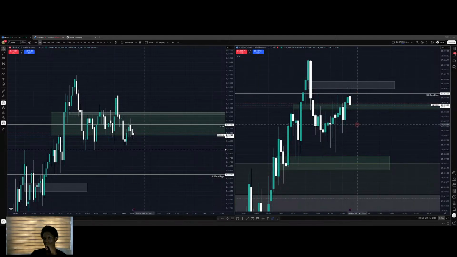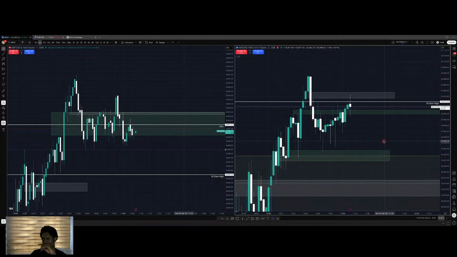Okay, tap this gap. Let's see if we get this 2 minute close below here, then I'll take this sell. I'm not taking it live again. I'm done trading live.